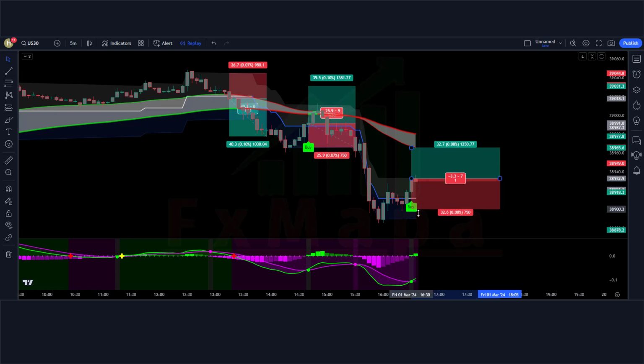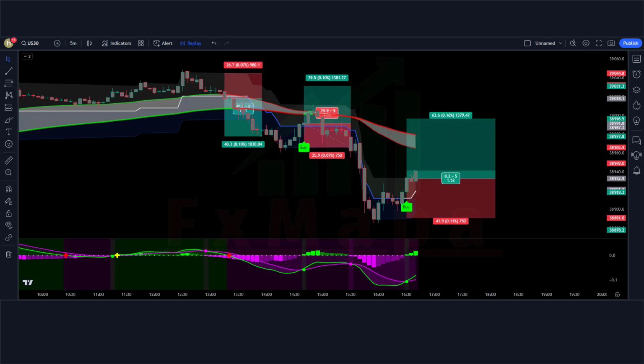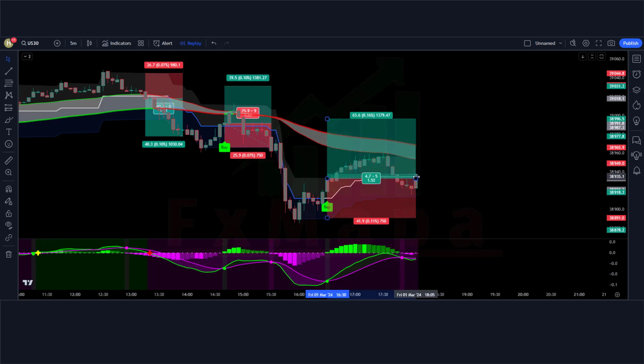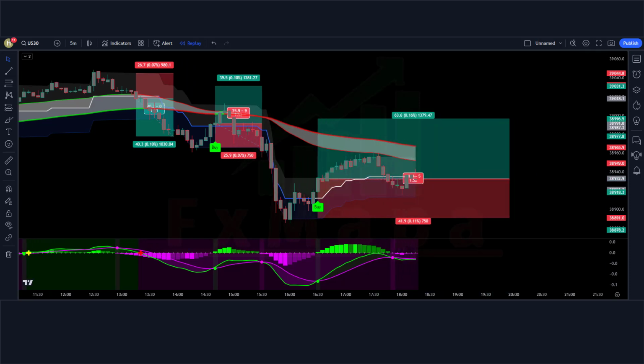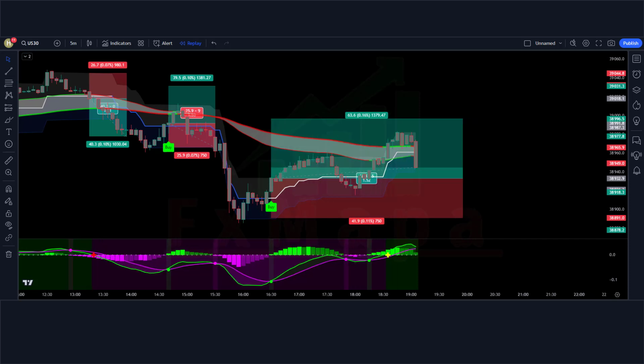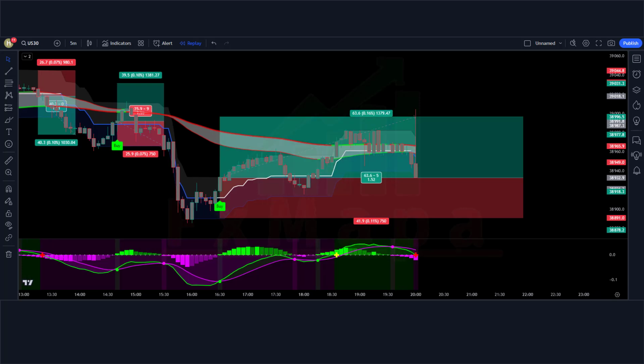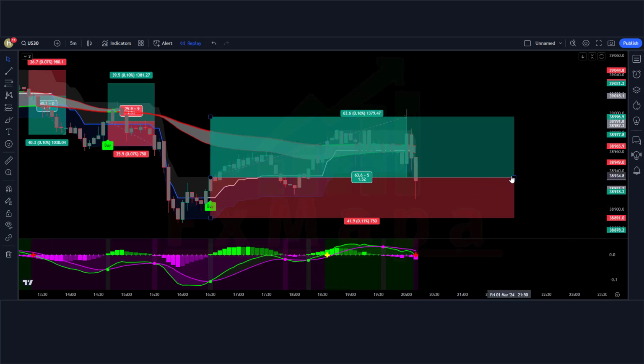And the risk to reward ratio will be 1:1.5. Let's see what happens to our trade. Our trade is running in profit. We have won the trade.